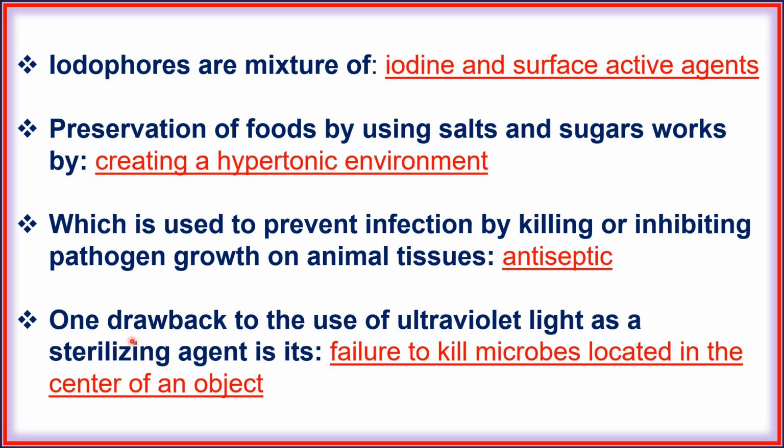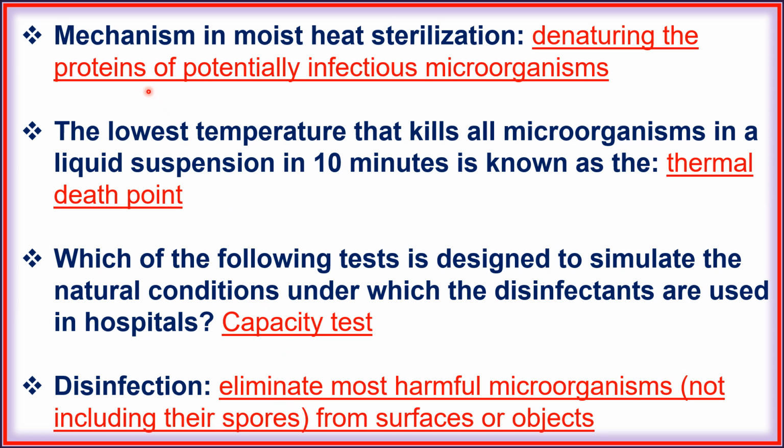Next, one drawback to the use of ultraviolet light as a sterilizing agent is failure to kill microbes located in the center of an object. Next, the mechanism in moist heat sterilization is denaturing the proteins of potentially infectious microorganisms.